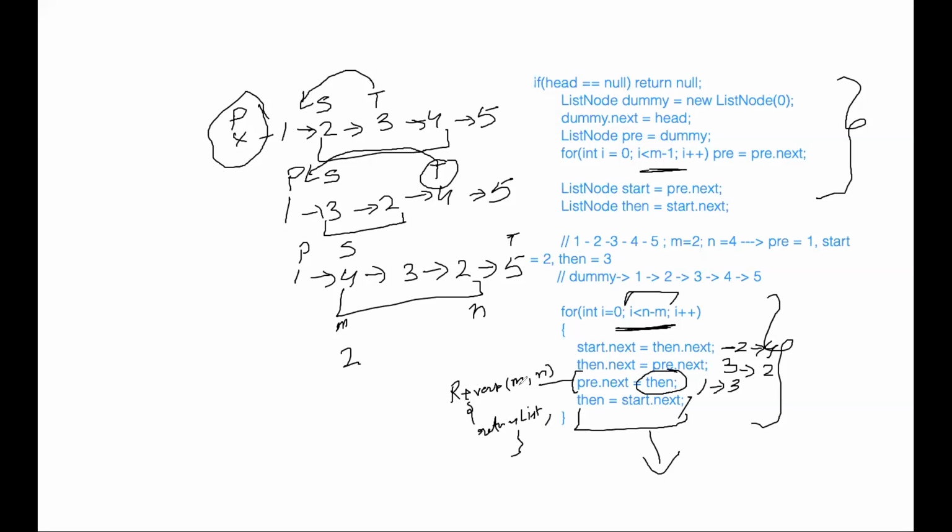Whatever list you return, it returns the head of the result. In this case, the head of the result will be 4, 3, 2, 5. So I append that to the pre. Yeah, I think I got your idea.